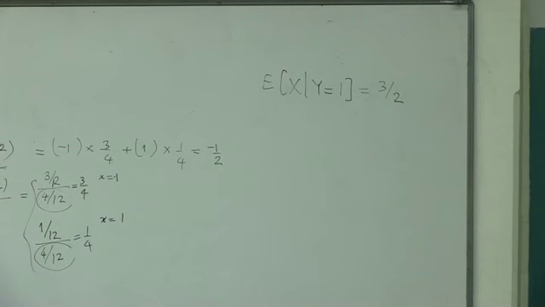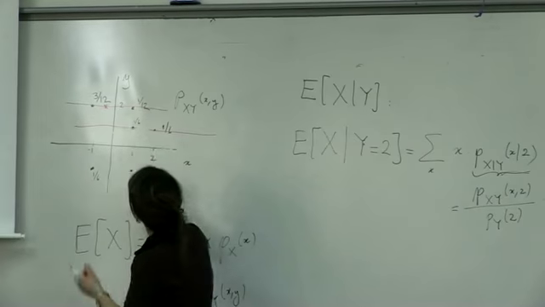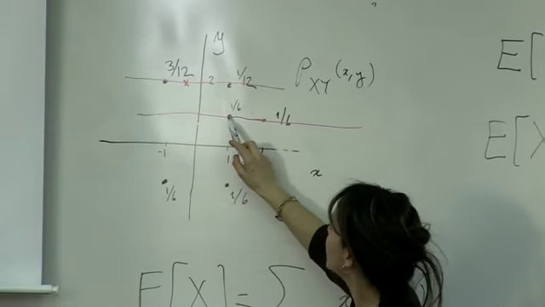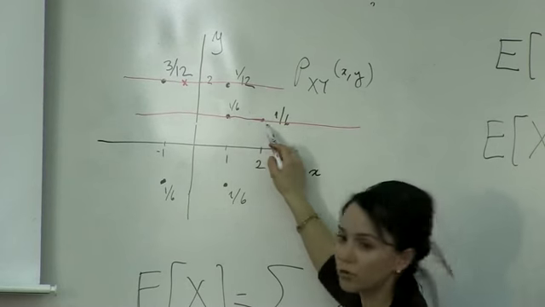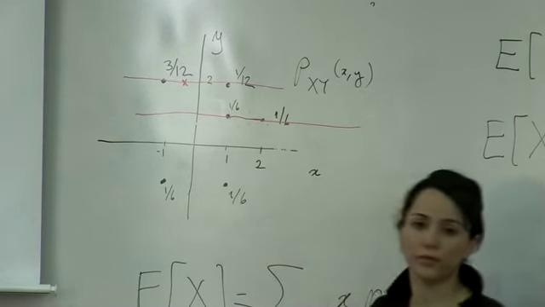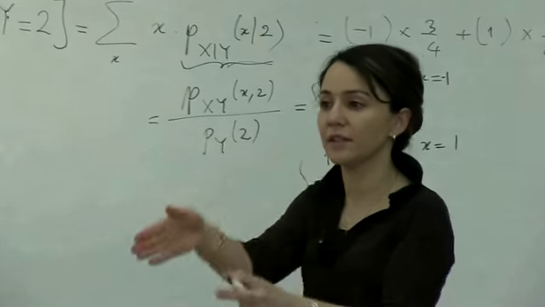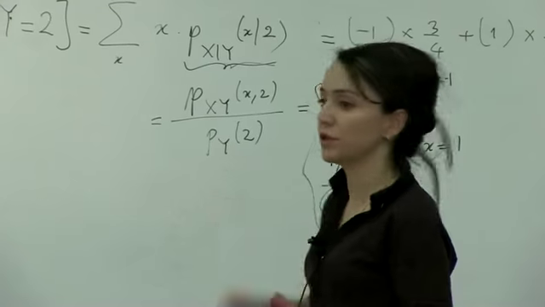Let me redraw this. The probability masses in the joint PMF here, when y is 1, are 1 over 6, 1 over 6 at x equals 1 and 2. So given y is 1, the expectation of x is right at the center of those 2 points, which is 1.5.